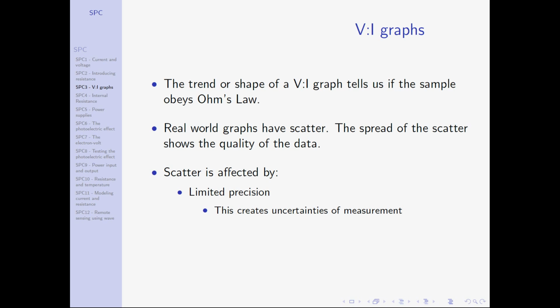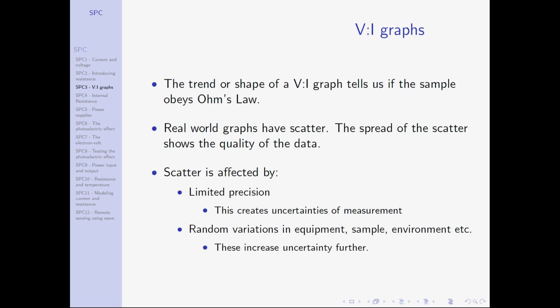Similarly, with a voltmeter, ammeter or multimeter, we're limited by the amount of precision it gives us. It might be perfectly adequate, but if we're only getting, say, one significant figure out of our instrument, that could potentially introduce some quite large errors. We can also have random errors in the equipment and the sample, etc.